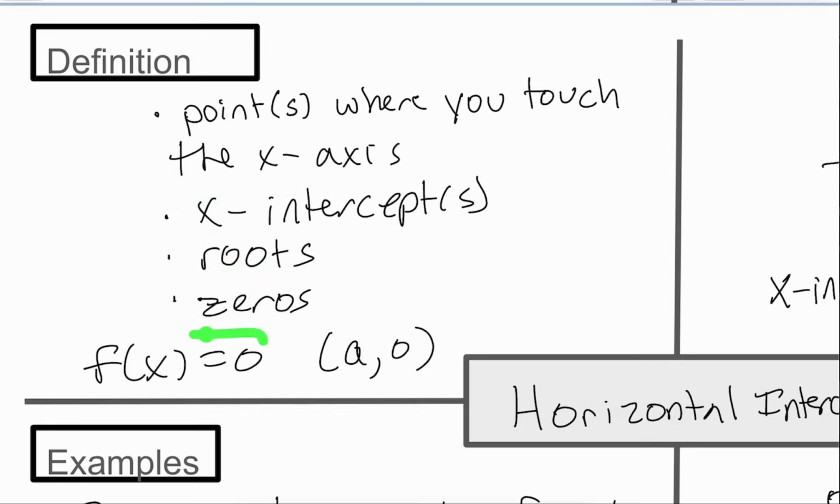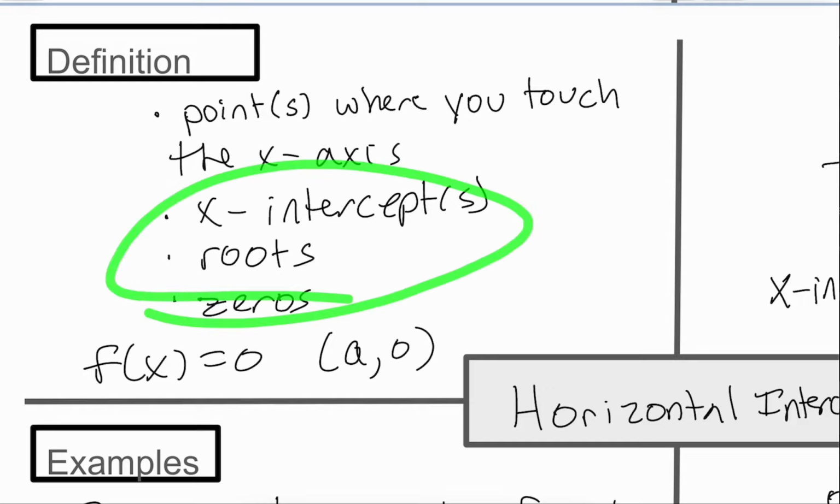So this one, you have to set the function equal to 0, so the point will always be something comma 0. (2, 0), (5, 0), (negative 1, 0). It might not hit the x-axis, but an x-intercept, a zero, or a root are all asking for the same exact thing. So know that language.